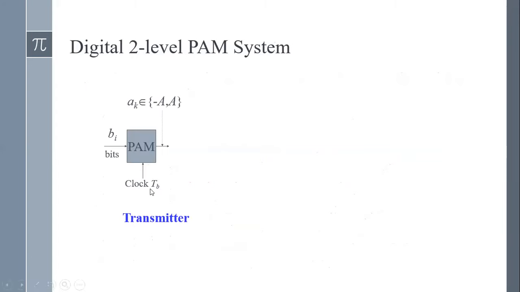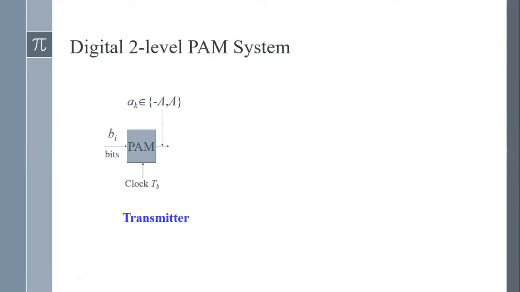So now we are drawing the transmitter side of the PAM system. What this PAM block does is generate pulses of minus A or plus A, depending upon the bits that are coming. Now where are these bits coming from? These bits are coming after sampling, quantization, and coding.